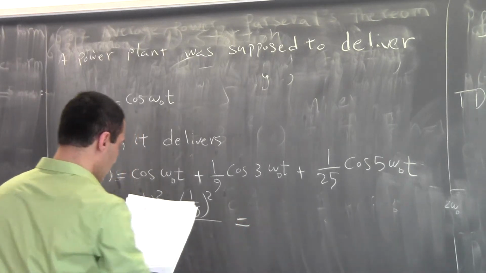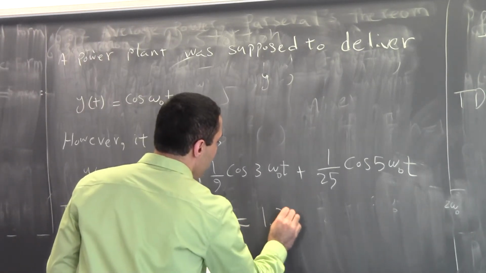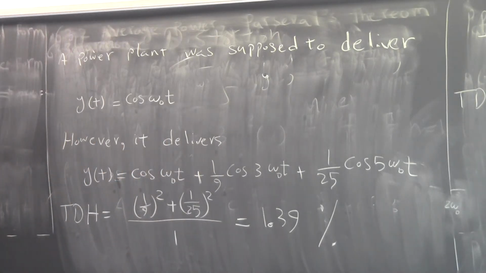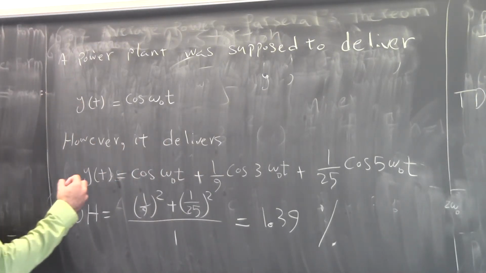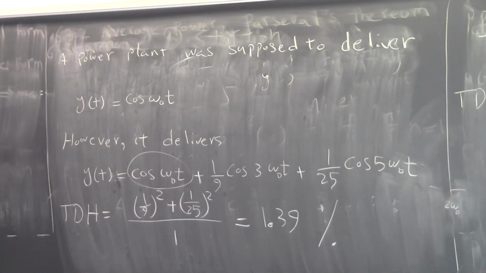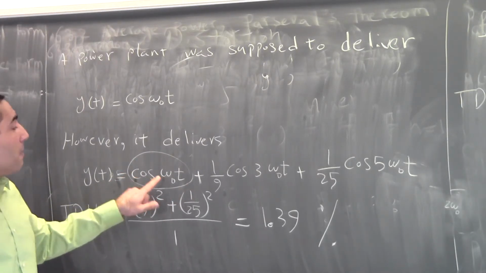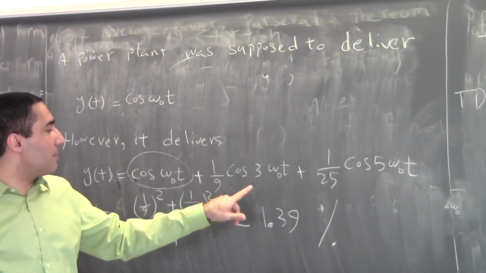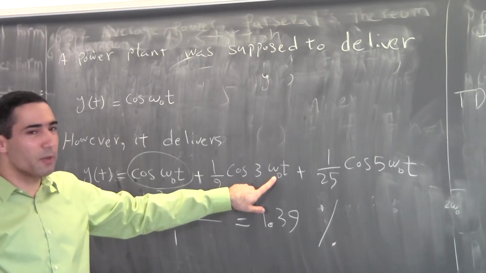If you do this calculation, it's going to be 1.39%. That's the THD of this power plant, because instead of providing a pure cosine signal, it's providing a pure cosine signal plus harmonics. A harmonic means a coefficient multiplied by the frequency, right? 3 times omega 0.